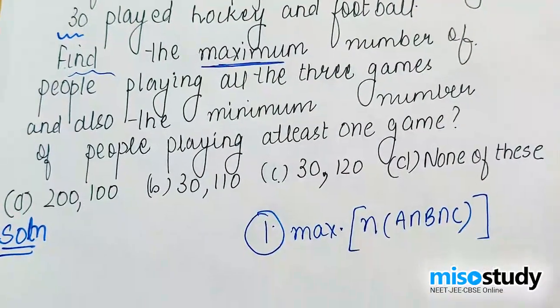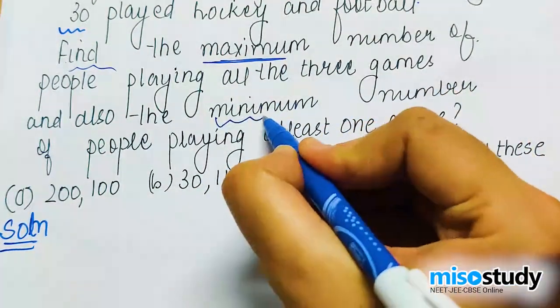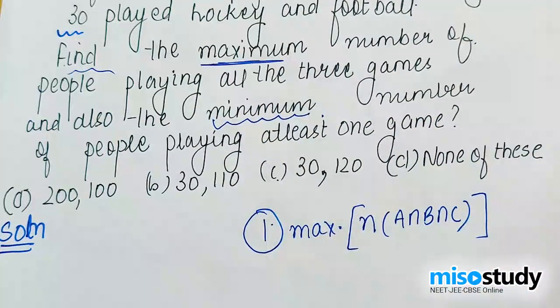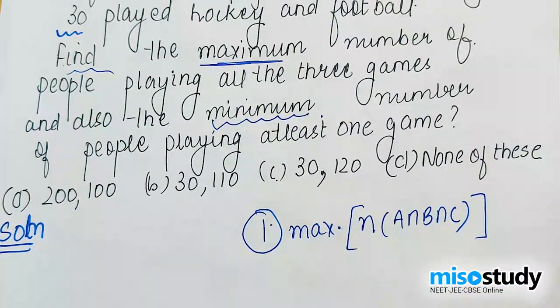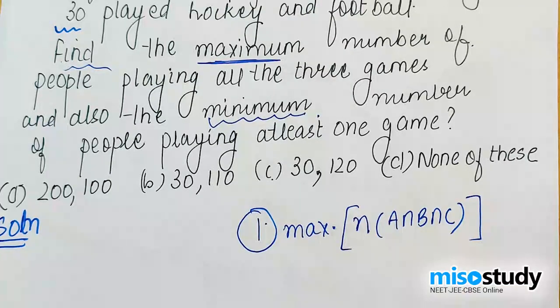Number 2, the minimum number of people playing at least one game. So you also have to concentrate on the minimum number of people playing at least one game. What does at least one game mean? Either A or B or C or both or all three of them.